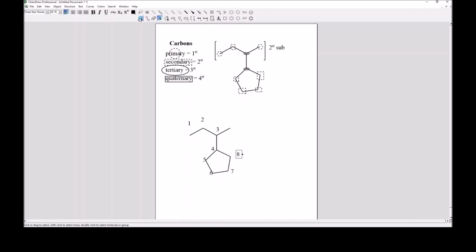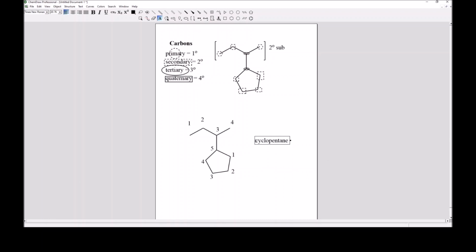So this is invalid. A ring system is self-contained, and so you have to count the ring system by itself. So what I'm doing here is comparing a 4-carbon group with a 5-carbon group. 5 carbons is a greater number. So this is some type of pentane, and it's a cyclopentane.